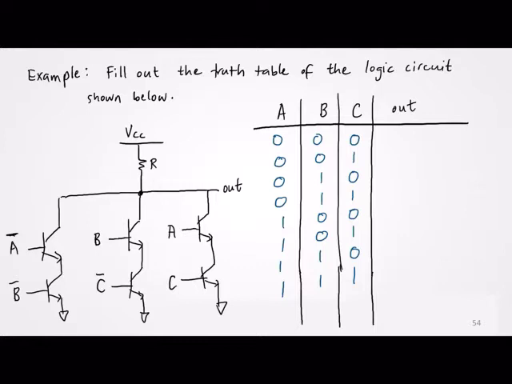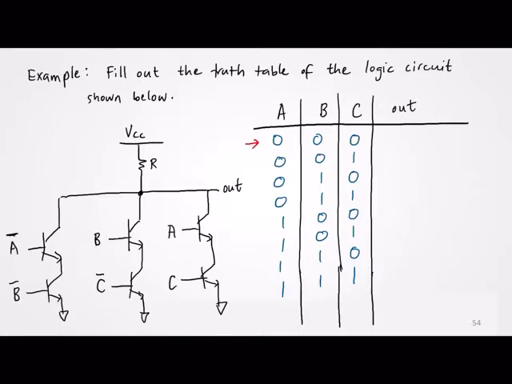Now, given the truth table, to fill it out, the logical or initial approach would be to go through the truth table one at a time. Let's say I look at 0, 0, 0, I'll check what happens at our output when that's our set of inputs.